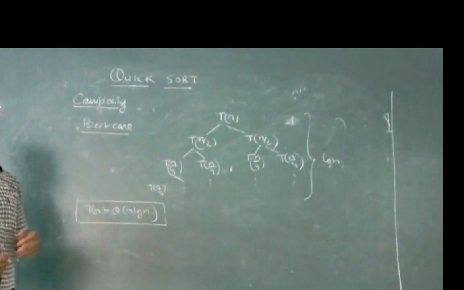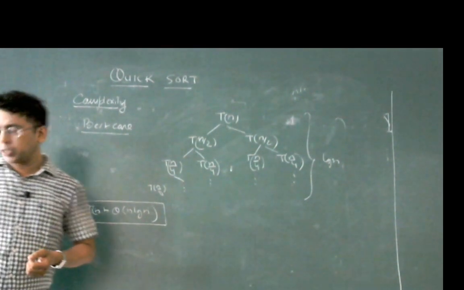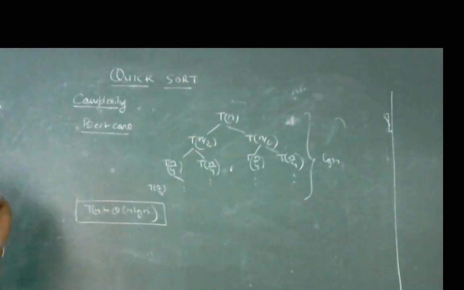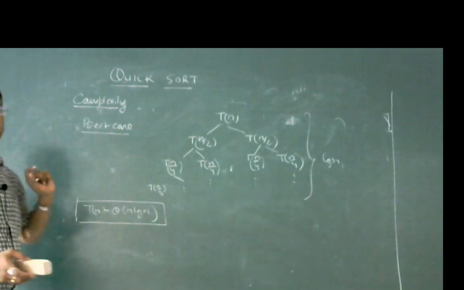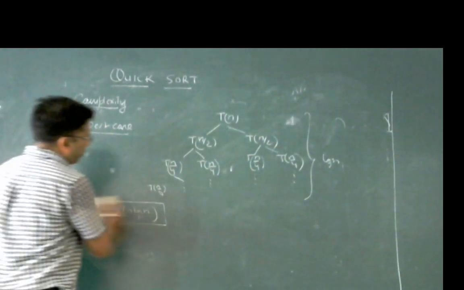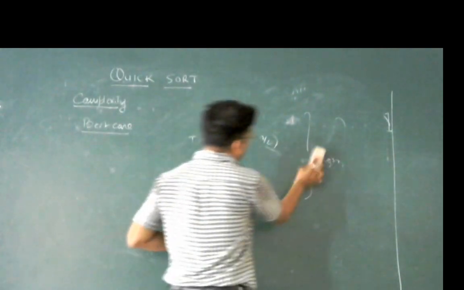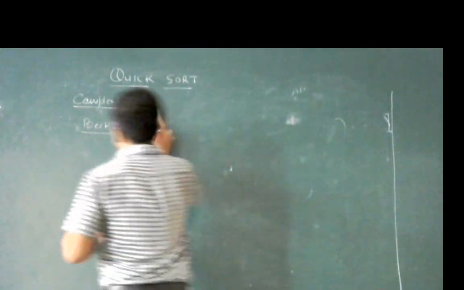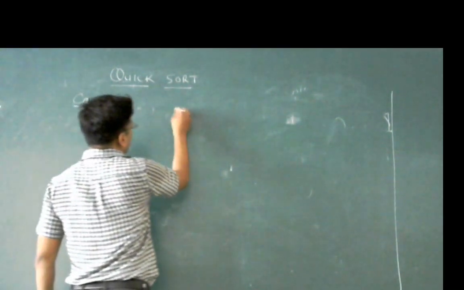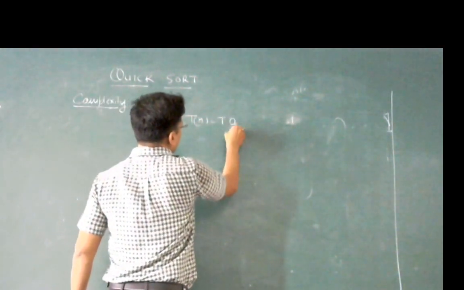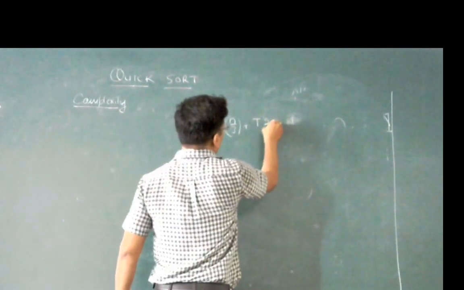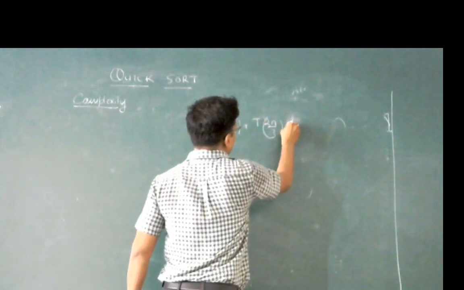But what happens in the average case? In the average case, the tree would be slightly different. This is the best case. The best case happens when the tree is equally partitioned, and in the average case the tree will be slightly different. Suppose Tn is partitioned in such a way: T n by 3 plus T 2n by 3 plus theta n.